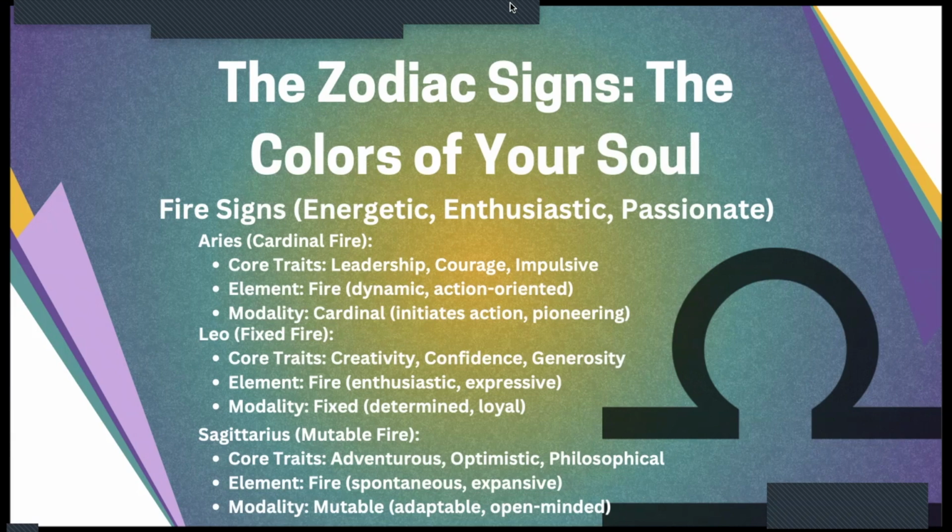The teammates that help keep the game stabilized and keep things maintained and functioning, that's going to be your fixed teammates. The closers of the game, the people who make sure they get things done, that's going to be your mutable people. So you have the starters, the maintainers, the finishers, the beginning, the middle, the end: the cardinal, the fixed, the mutable.